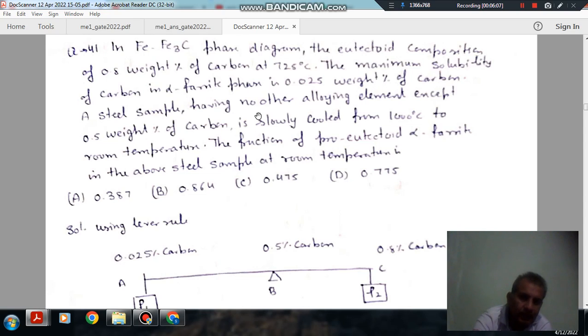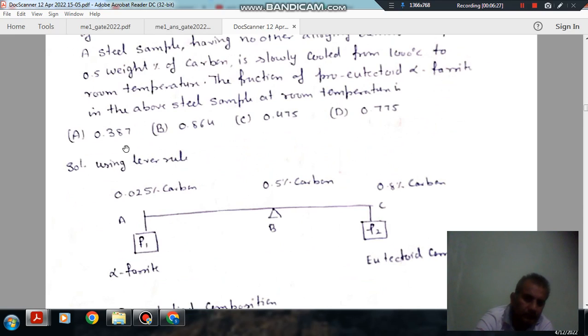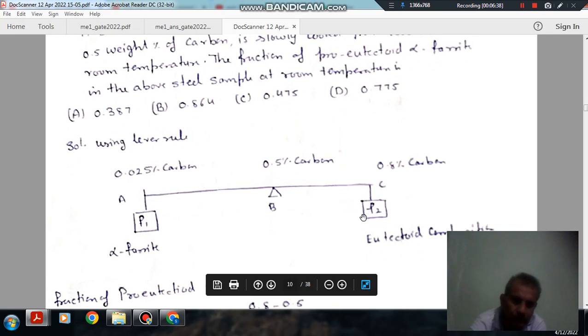A steel sample having no other alloying element except 0.5 weight percent of carbon is slowly cooled from 1000 degrees Celsius to room temperature. The fraction of proeutectoid alpha ferrite in the above steel sample at room temperature is: option A 0.387, option B 0.864, option C 0.475, and option D 0.775.